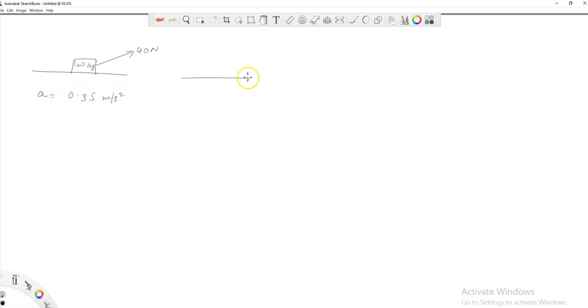Now, what if you apply this entire 40 newtons this way? I'm trying to show you what happens when there's an angle. Some of the useful force goes away because of the vertical component, which is right now not that useful. So instead of applying it with an angle, what if we make the whole thing horizontal?